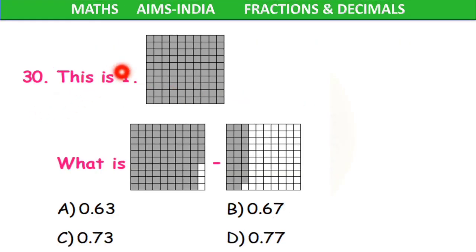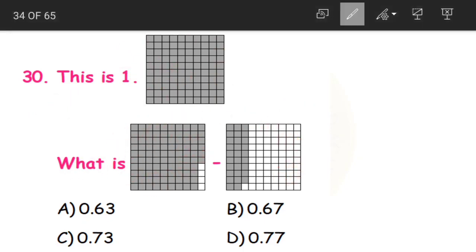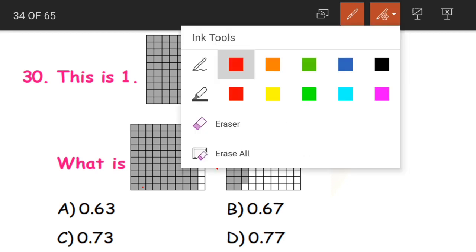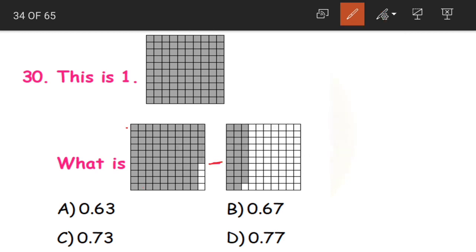Next, question 30. What is this figure minus this figure? It is a similar type of question. We had an addition based question for this, but now we are having subtraction. First let us find out what this figure represents.